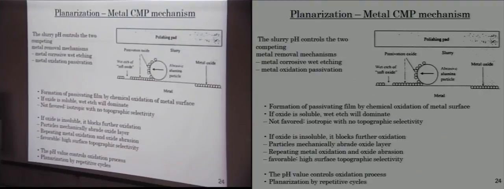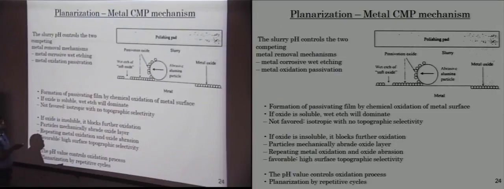What happens when you have this metal passivation layer is that the moment you put the silicon coated wafer which has a metal on top of it inside the solution, this kind of a metal oxide starts to form. When the alumina particle comes and hits this metal oxide, at those locations where the alumina particle hits the metal oxide, it is removed.